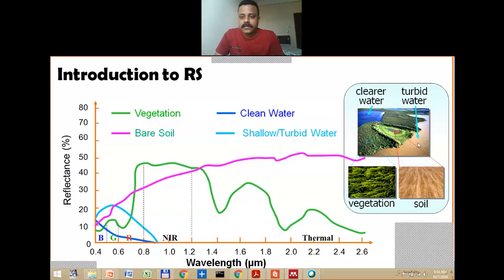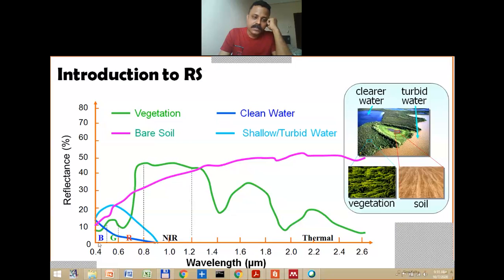So look at the response of the turbid water. Which one is the turbid water? This color. In the blue wave range, we have a reflectance of around 15%, between 10 and 20.